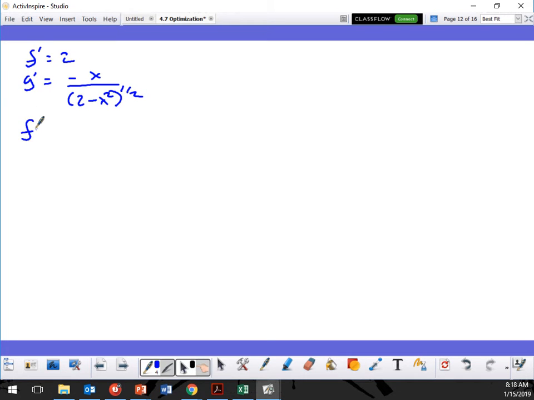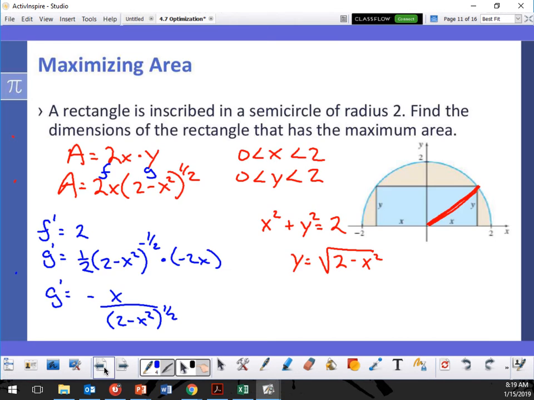And what was just f by itself? 2x, right? And g was 2 minus x squared to the 1/2. No, right here. It's just this piece right here.